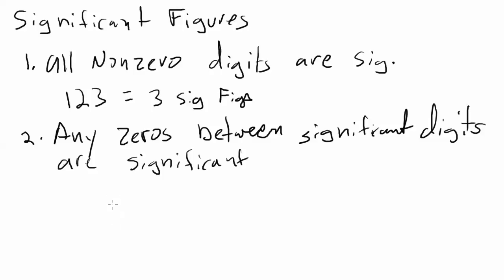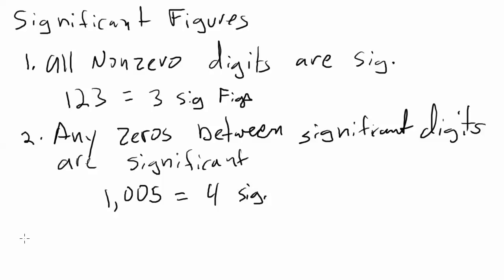So if you have a number like 1005, you've got two non-zero numbers, and rule number 1 says that they are significant digits, and then you have 2 zeros between them, and so rule number 2 says that they are also significant. So that number would have 4 significant digits. You might be noticing that figure and digit are used interchangeably when talking about these things. So that's rule number 2.